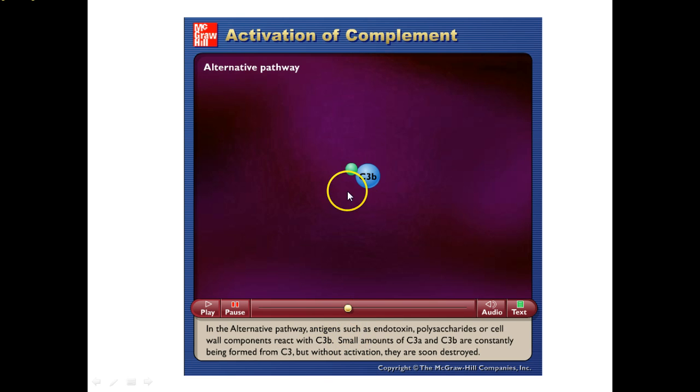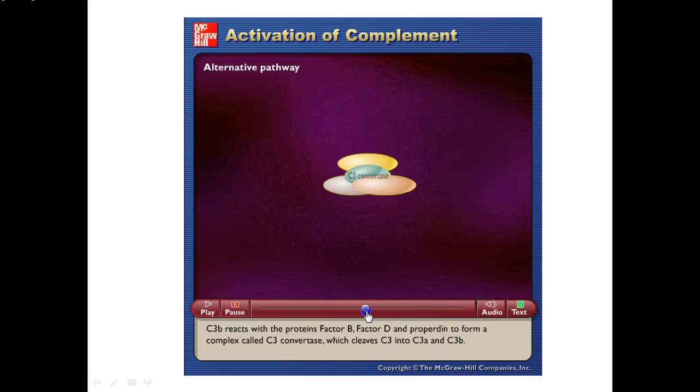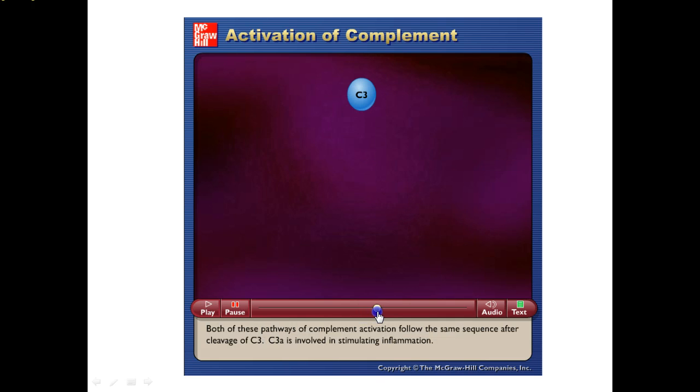Okay, so the alternative pathway: C3, as I said, is always being split into A and B components. And then when the convertase happens, there's a signaling mechanism that continues this path.